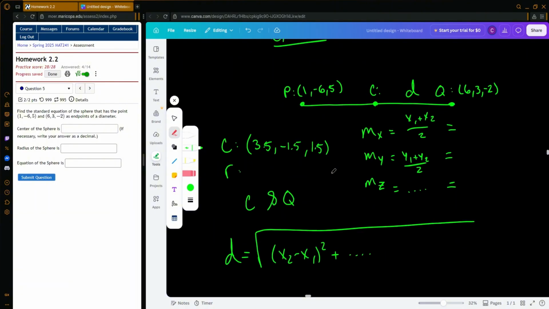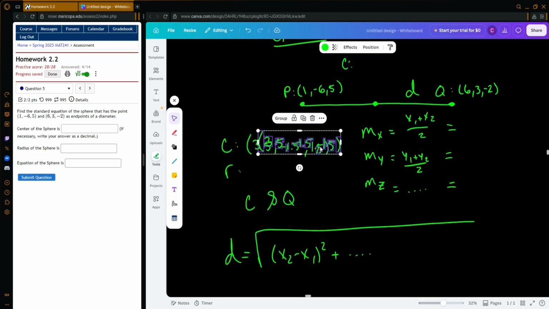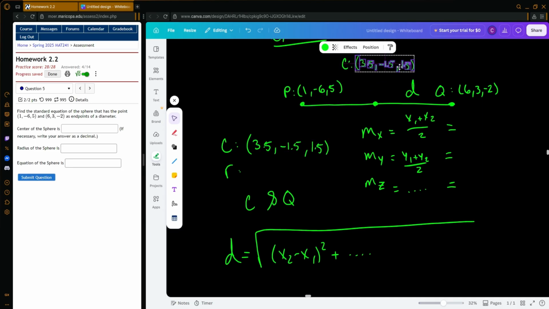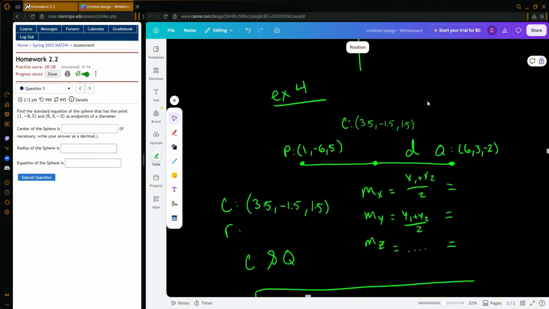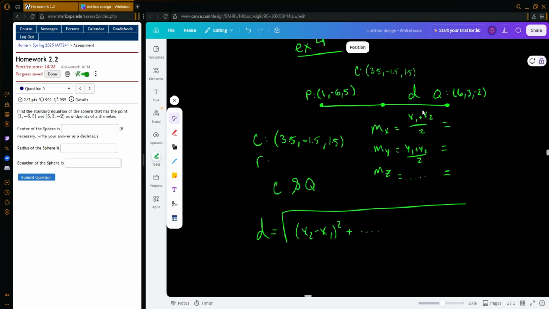So I'll do Q minus C. So I'll do 6 minus, maybe I'll just note C. So we're going to do these minus each other. So 6 minus 3.5 is 2.5, so we do 2.5 squared.